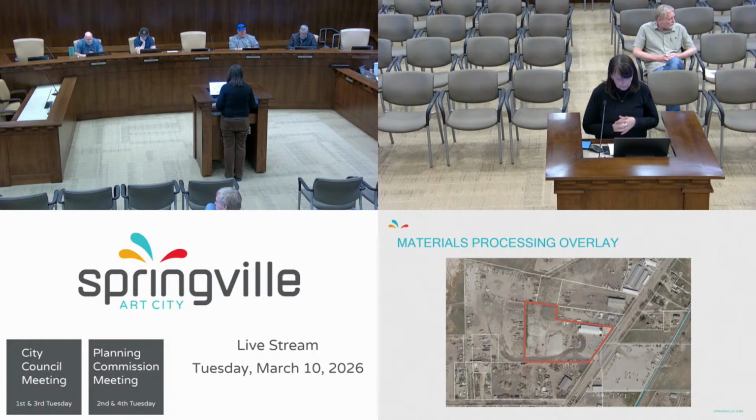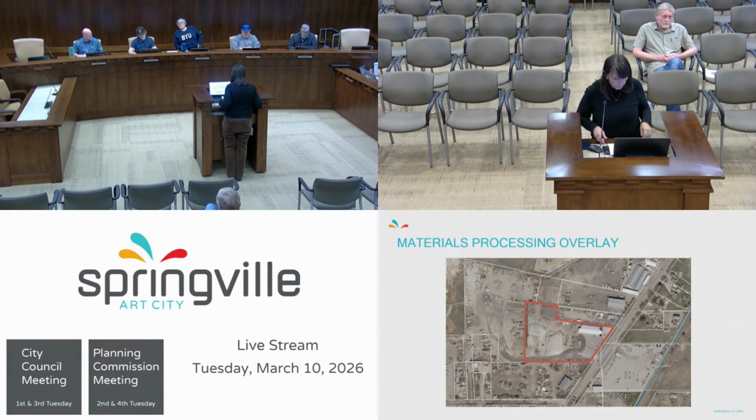As it states in the staff report, the materials processing and storage overlay was adopted in December 2019 to address operations that were already in existence, unregulated, and we wanted to have a little bit more control over them as they did have some negative impacts. And so we created the overlay and applied it to this parcel of land.